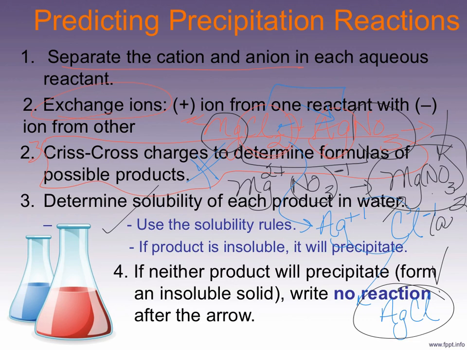Yes, so you'd put aqueous by it because it has the nitrate group. Nitrates are soluble. Is the other product, silver chloride, soluble? No. It is insoluble, so you show that with the S in parentheses. It is the precipitate. PPT is the abbreviation for precipitate.